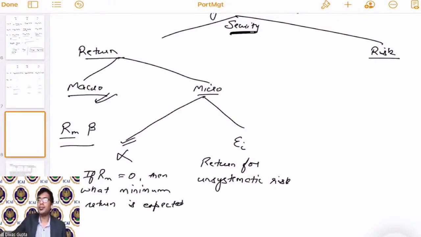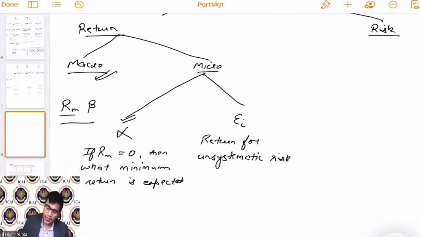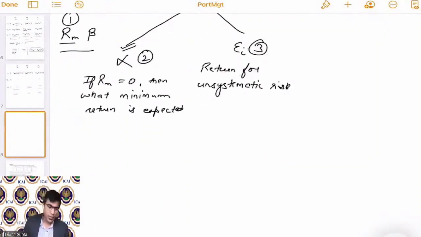Okay, students. So this is what the Sharpe index model says: you take these 1, 2, and 3, add all of them, and you get the total return expected out of a security. So I am just consolidating it here.